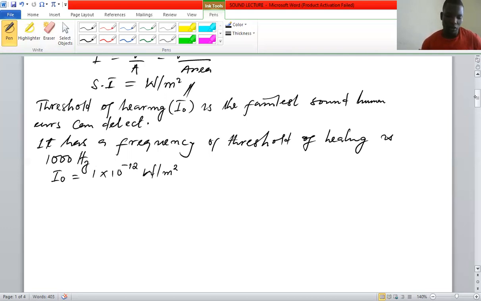Okay, so now apart from the threshold of hearing, there is also a threshold of pain. The threshold of pain is actually the opposite of the threshold of hearing.